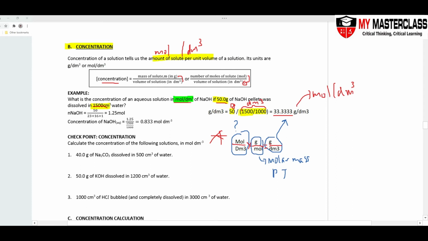So the concentration in mole per dm cube is equal to the gram per dm cube, which you just counted, divided by the molar mass, which is gram per mole.